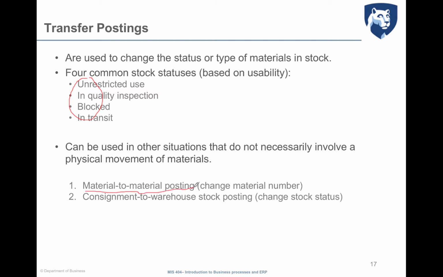A material to material posting is used to change the material number of a material. This process is common in industries such as the pharmaceutical or the chemical industry, where some materials are given as input, but these same materials change their status and their physical state over time.